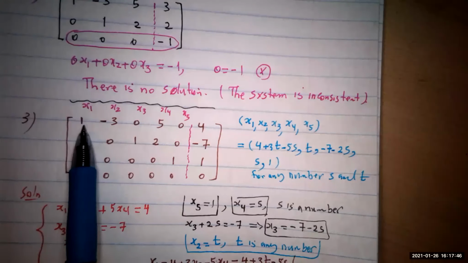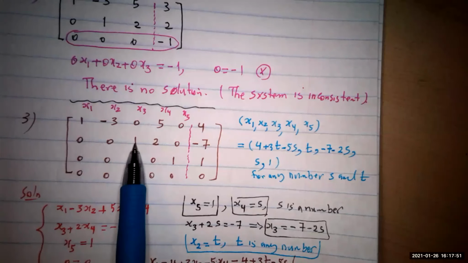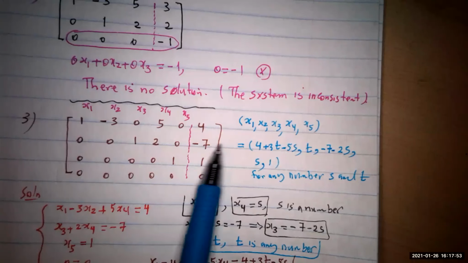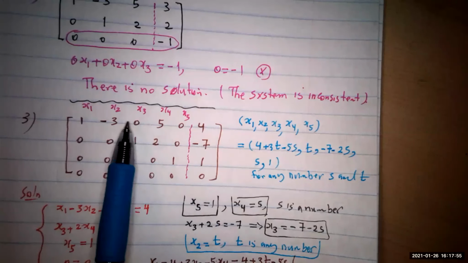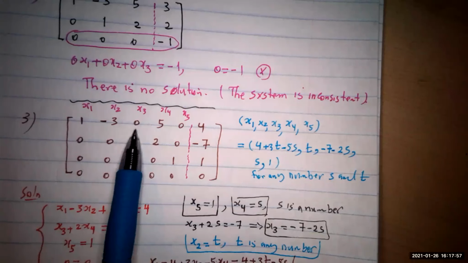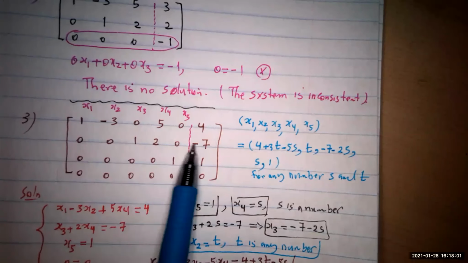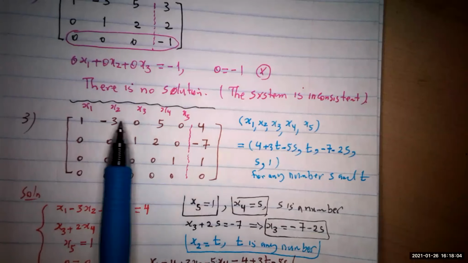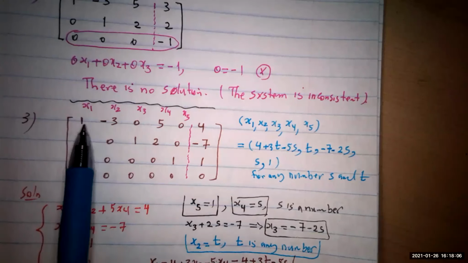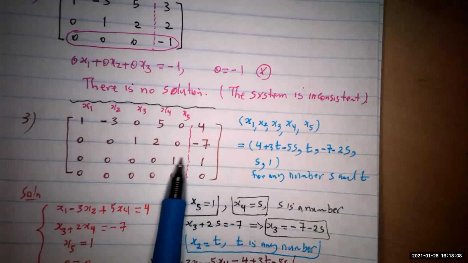The order is that as you go down, this non-zero number must be shifted to the right. If you compare these two together, the non-zero in the bottom one is far to the right of the other one, or this one is to the left. That's it as we go on.